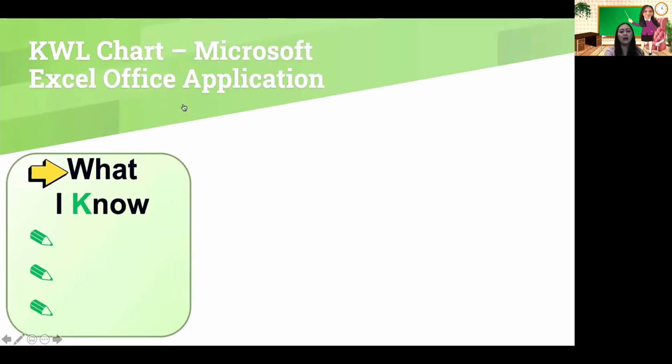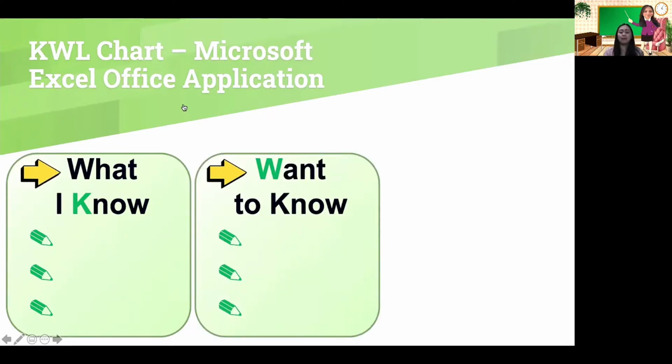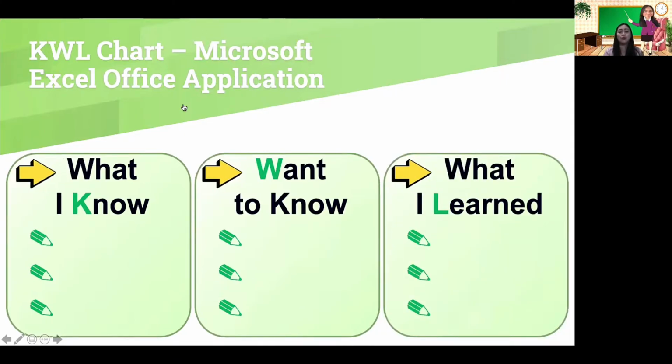And for our second column or second box, list down the things that you want to know about the MS Excel Office application. These first two columns are the ones that you're going to accomplish for now, because our third column, which is what I learned, will be accomplished by the end of our lesson. I will be giving you 1 minute to accomplish this. You can start now.